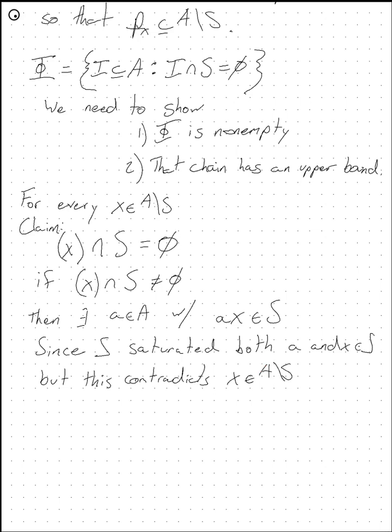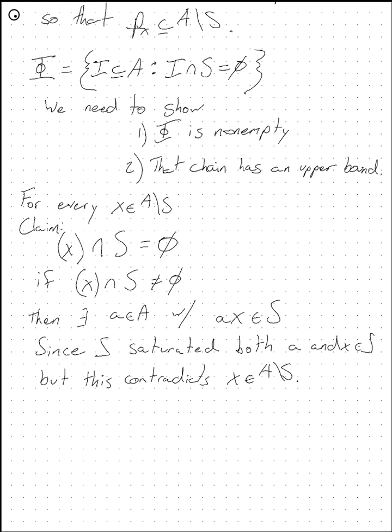Which means it can't be in S. All right. So we know that for every element in our complement, the ideal generated by that element is disjoint from S, and therefore this set phi right here is non-empty. Okay, we satisfied the first condition of Zorn's lemma.